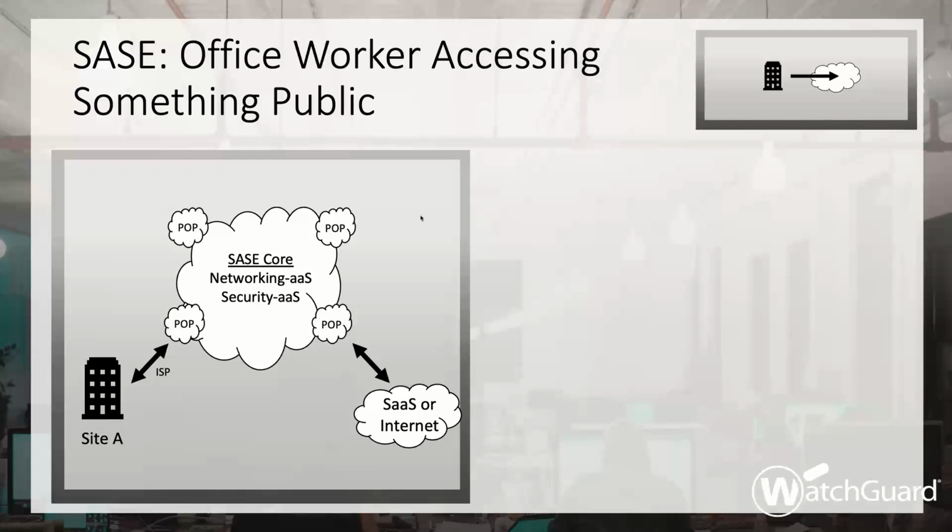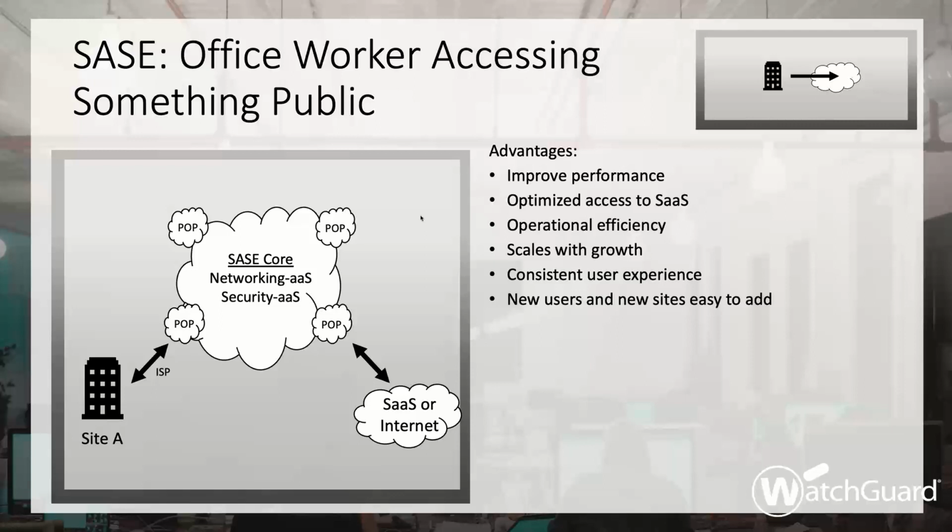The traffic is now flowing through the SASE core. Again, I'm now able to improve that performance. The network is dropping off that traffic close to those SaaS applications, providing efficiency in that routing to those SaaS applications. It's very easy for me as a user, as an administrator, an MSP, to manage this environment.